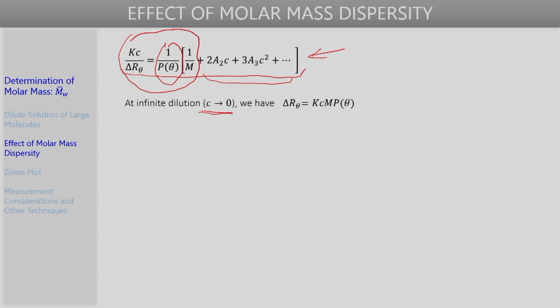If we have just these terms, we can rearrange them and get an expression for delta R(theta) as K c times M times P(theta). This is again an expression valid for a large solute in a solution scattering an incident radiation, where the solute has a unique molar mass.